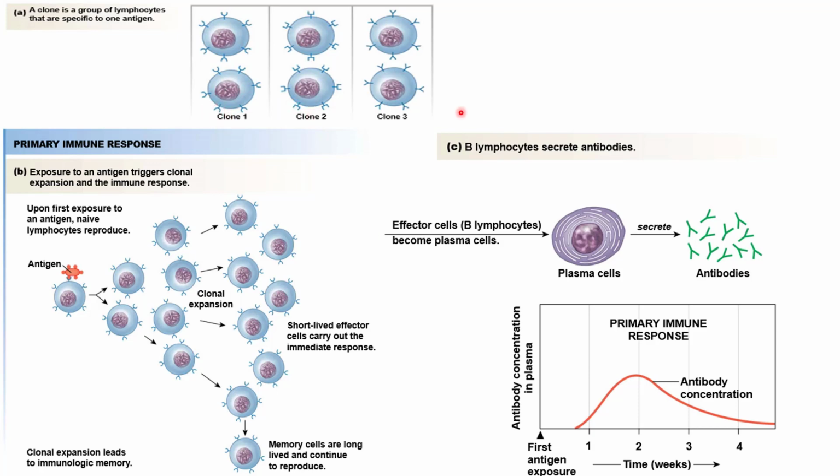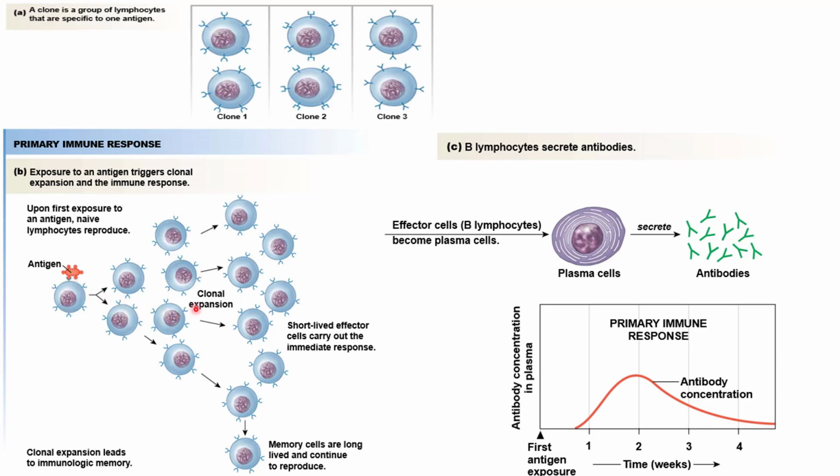Here's a box-shaped, and then a V-shaped, representing 3 different types of antibodies. So what happens is when one of these clones comes in contact with a pathogen that has that antigen, it undergoes what we call clonal expansion.